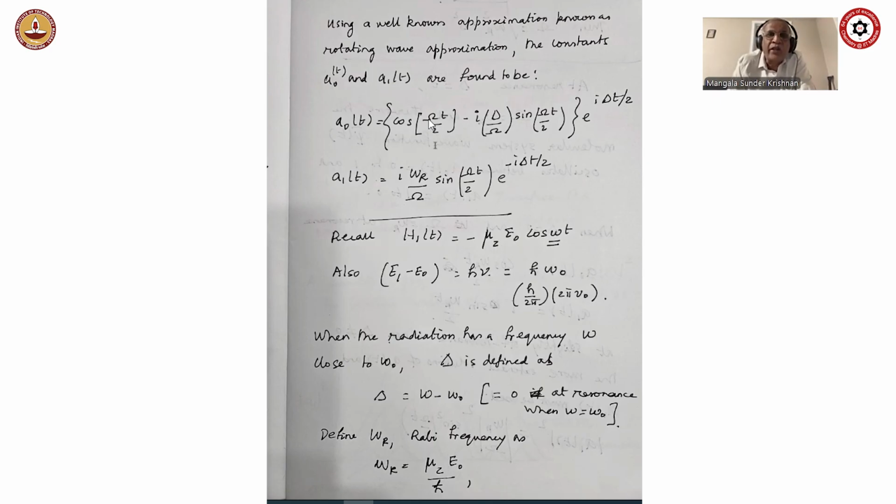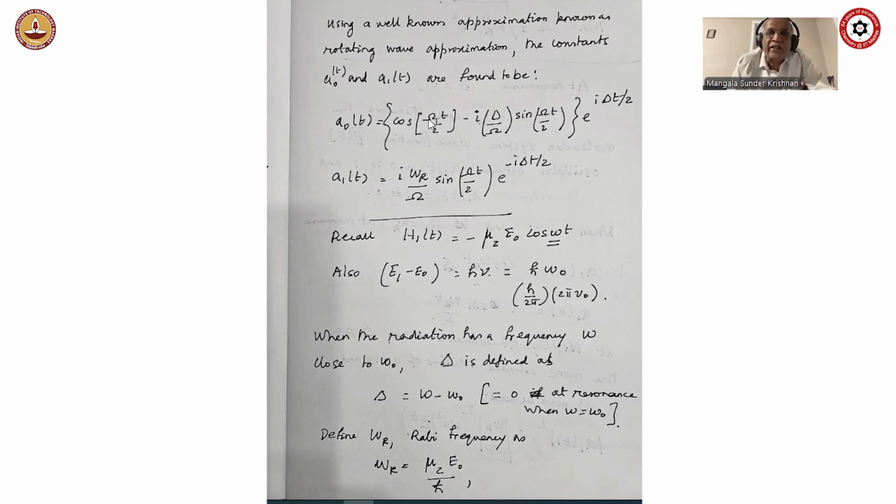With this notation, you can see that if there is resonance, what is resonance? Resonance is omega equal to omega naught, which means delta is 0. If delta is 0, please remember this is e to the 0, and e to the 0 is 1. Then this term is 0. And only one more thing you need to know, what is this omega?